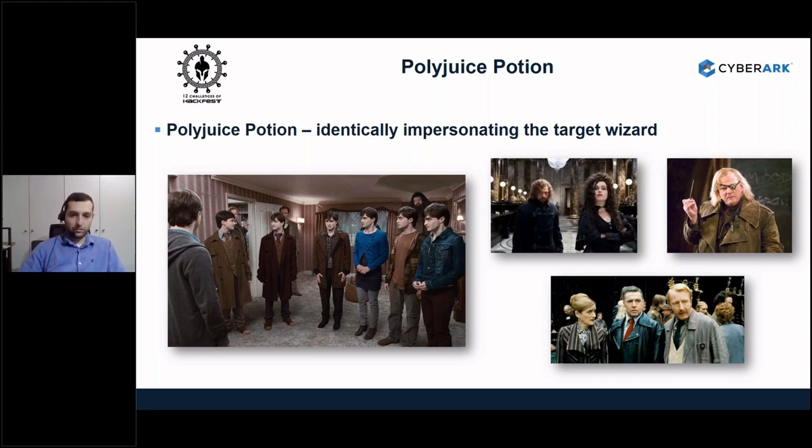This is a privilege escalation. In the end, they will get the permissions they need for executing their malicious actions. We need to discover the ones who can create and use such a Polyjuice potion and be sure they are well secured.